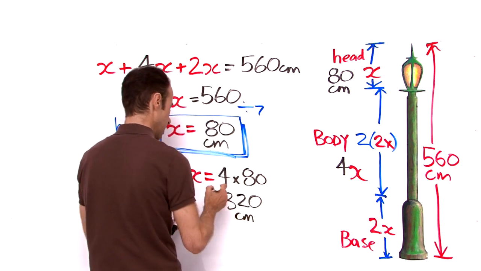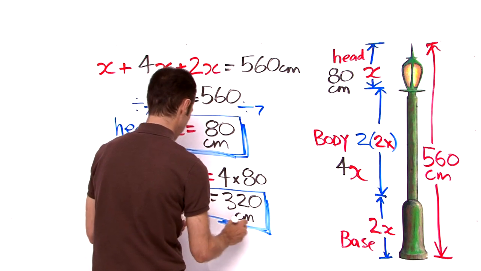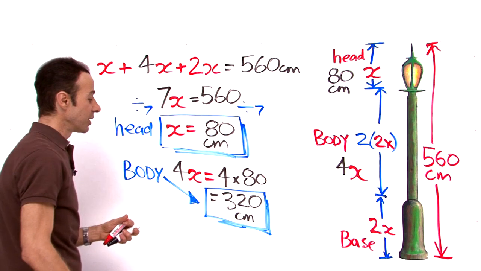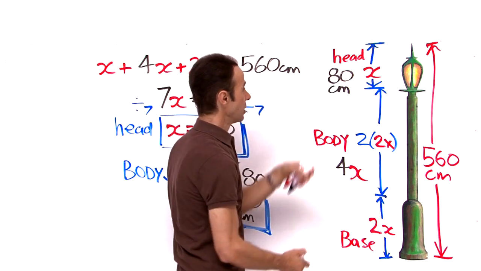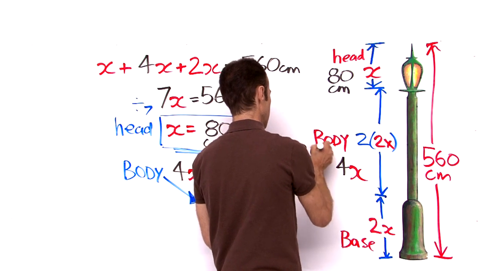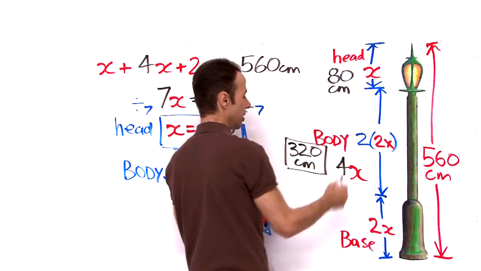So that's going to be 320 centimeters for the body. There's our body, 320. Let me just write that in. That's 320 centimeters for this section right here, the body.